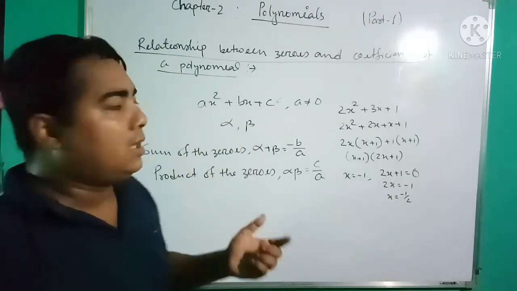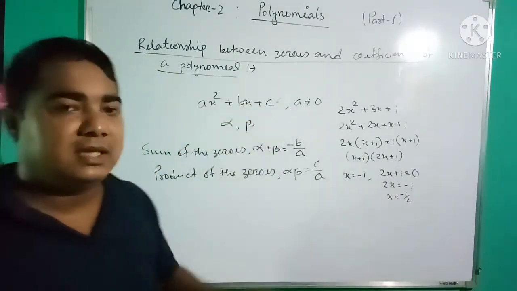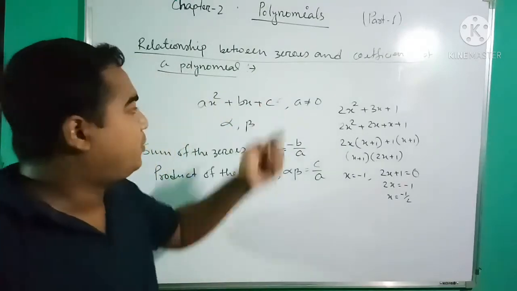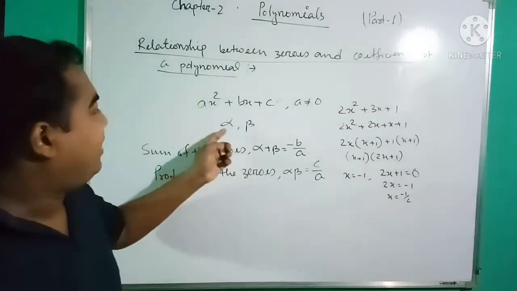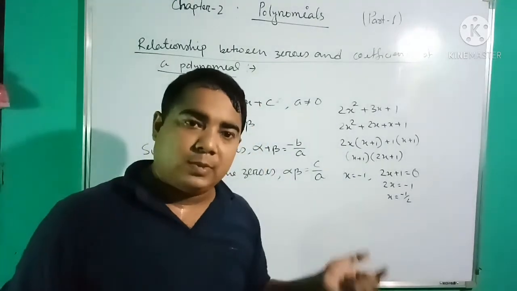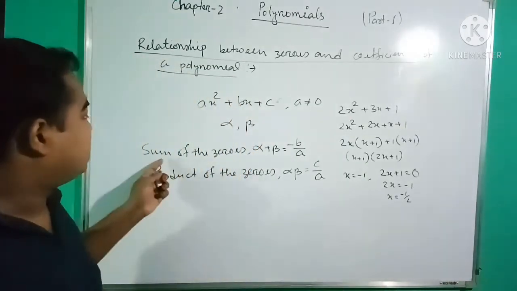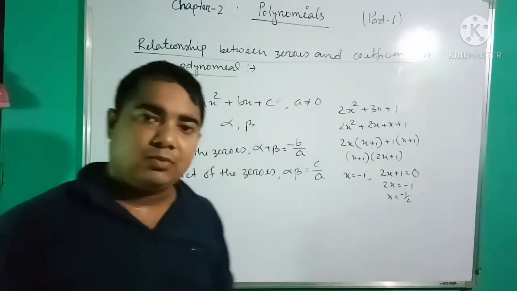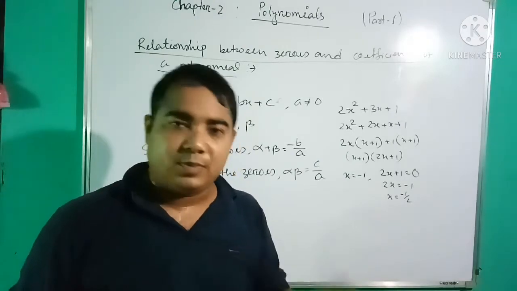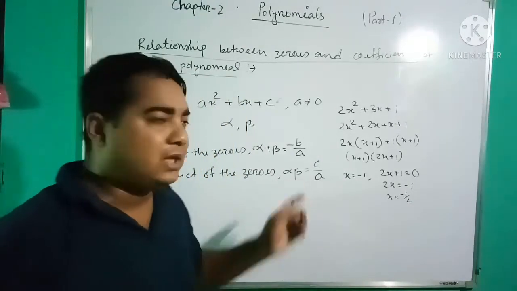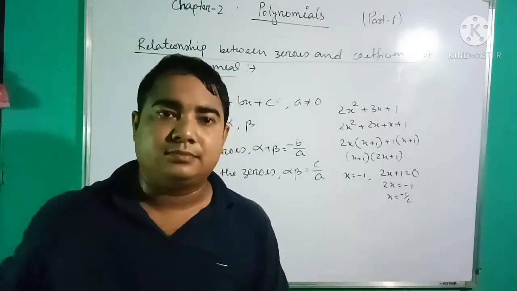Okay, see, if ax square plus bx plus c is the general form of a polynomial, and alpha and beta are two zeros of the given polynomial, then the sum of the zeros, alpha plus beta, equals minus b by a, and the product of the zeros, alpha into beta, equals c by a.